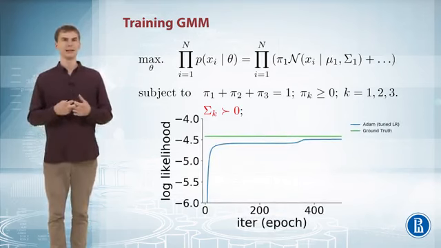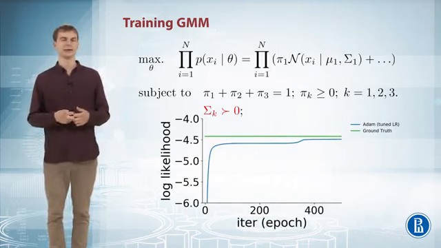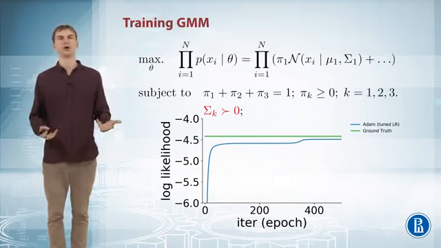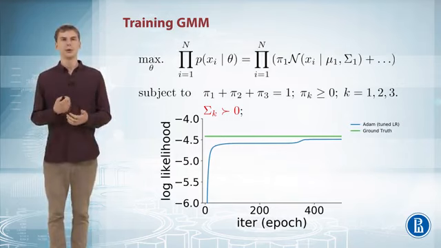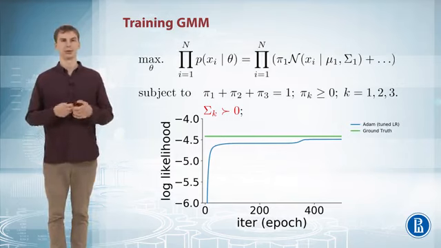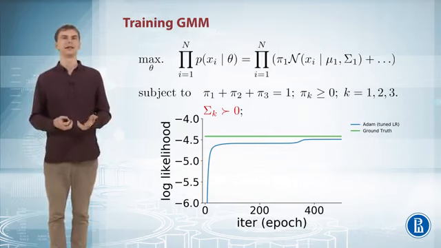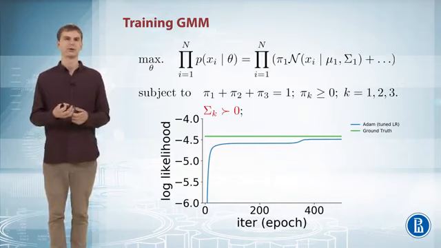In this example, I used Adam and tuned its learning rate, and you can see that it's doing a reasonable job. The blue curve is the performance of Adam. On the x-axis we see epochs, and on the y-axis we see log likelihood, which we are trying to maximize. Adam is doing a good job: in 10 epochs, it optimized this to something reasonable.